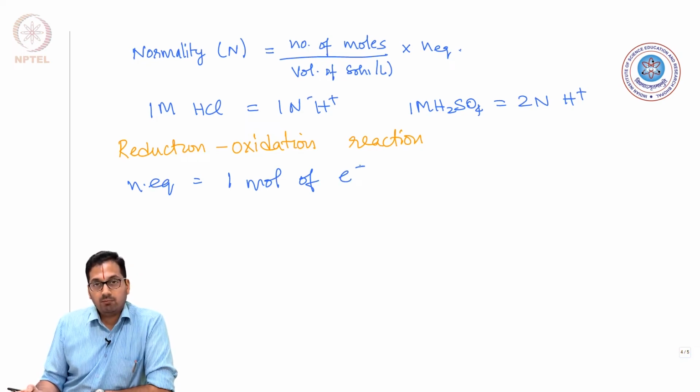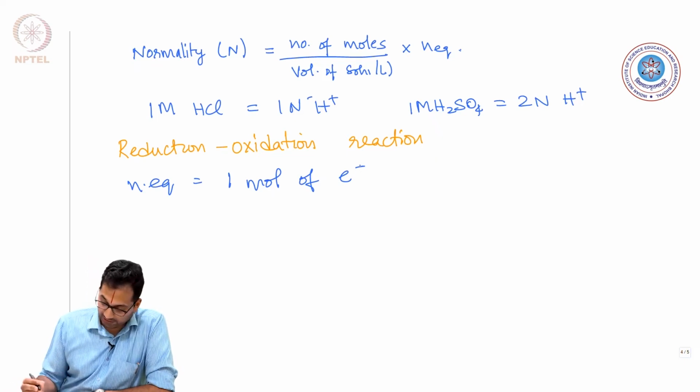Why don't we take a little moment to understand how this is defined for a simple redox reaction. I am sure from your school days you have been doing the titration of oxalic acid with potassium permanganate. What is oxalic acid?